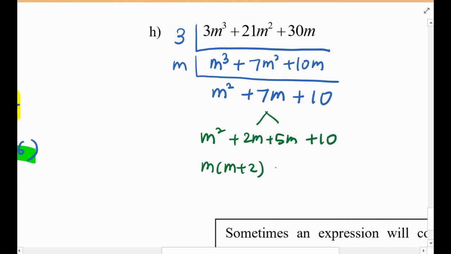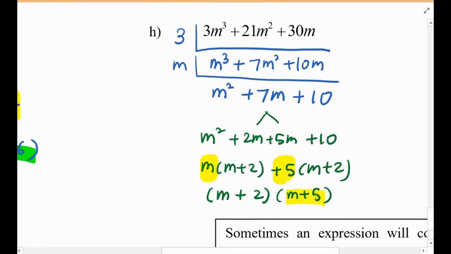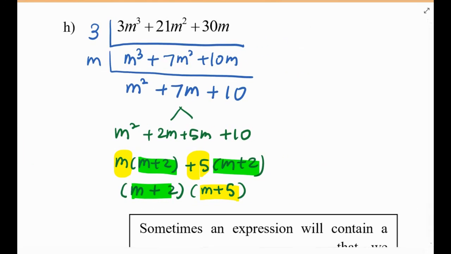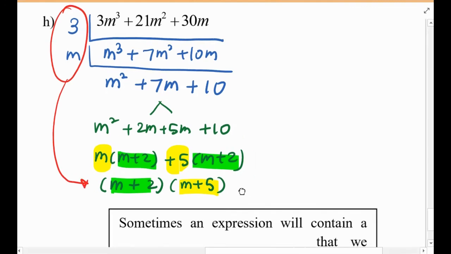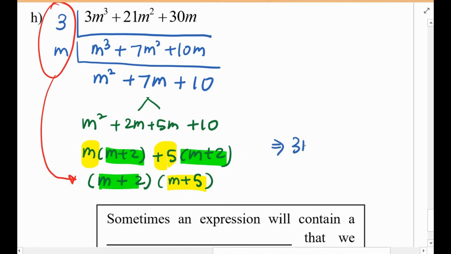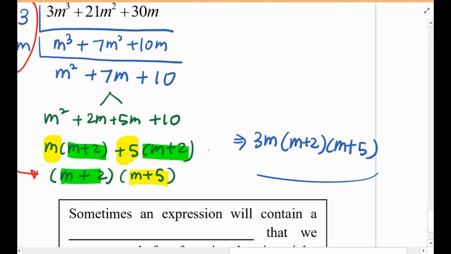And 5m plus 10, you factor out 5. Therefore, you can factor out m plus 2. Then what's left over is m plus 5. Therefore we have to include the GCF as well. You have to write it right in front of it. So the answer will be 3m(m plus 2)(m plus 5). Okay, so this is the answer.